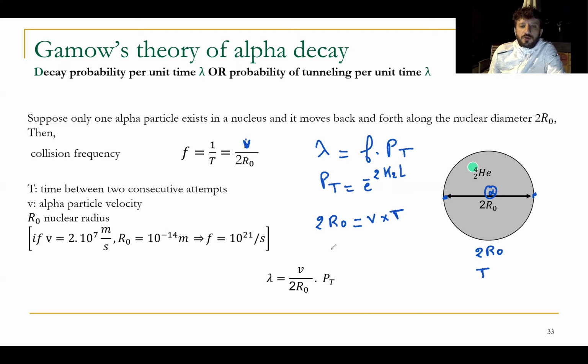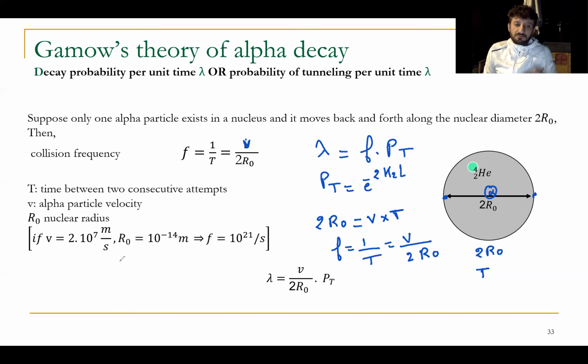In this case the collision frequency f equals 1 over t, which is equal to the velocity divided by 2 r0. The unit of f is second minus 1.